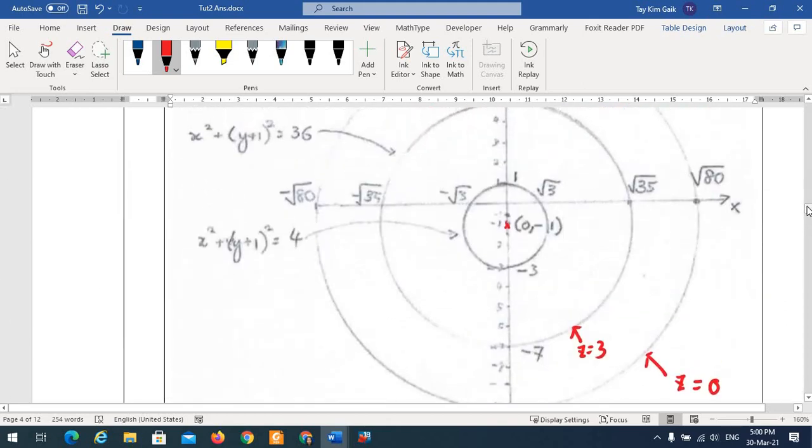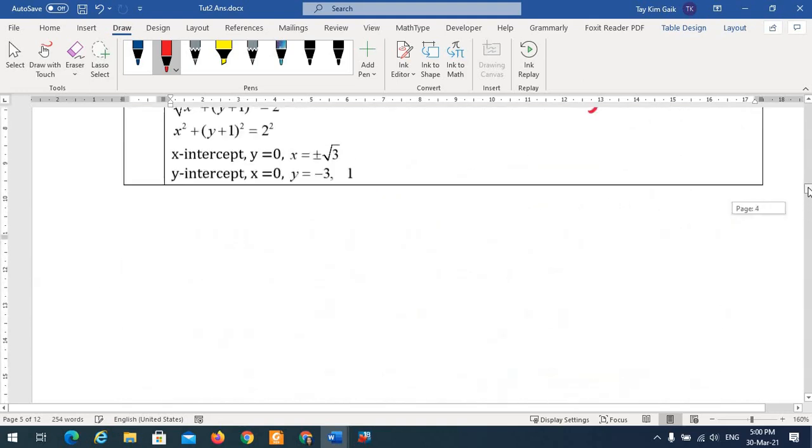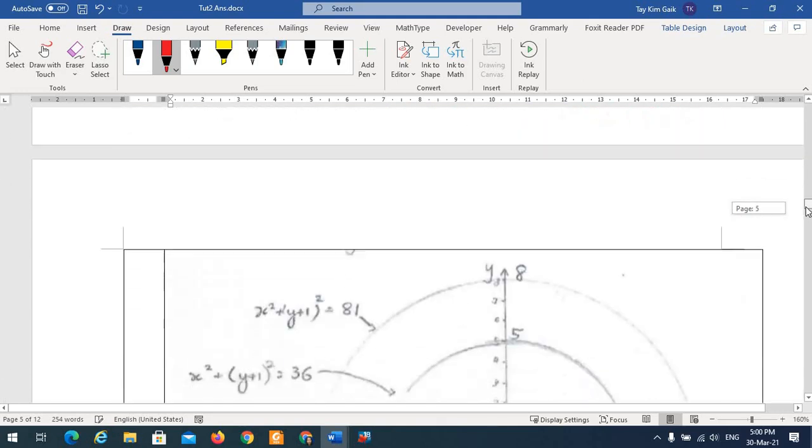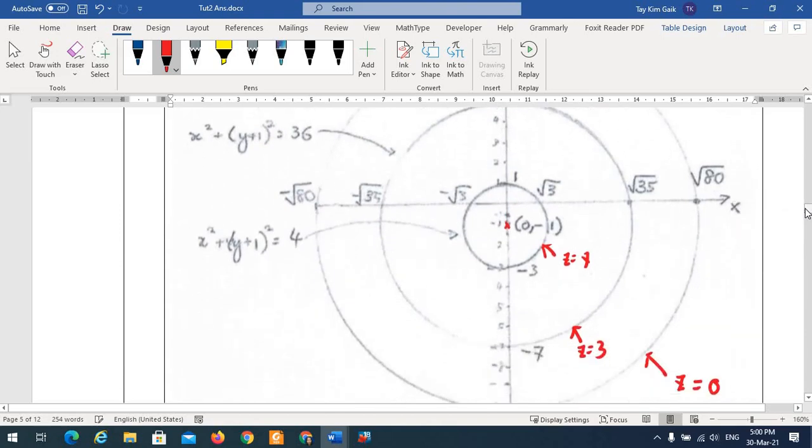So here, this is z equal 7, radius 2 units. From negative 1 up to 0 is 1 unit, so up to positive 1. So r is 2. From negative 1 go down 2 more units, so negative 3 here.